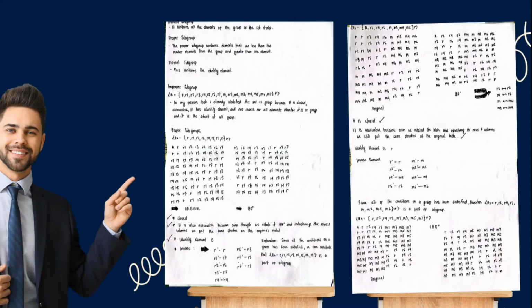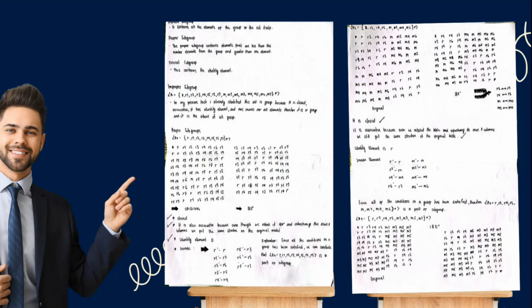In A3, we have R, R2, R4, R6, M2, M4, and M6. We construct it with the original table, and it is closed. In checking associativity, we rotate it 180 degrees. It is associative because even though we rotated it and interchanged its rows and columns, we still get the same structure as the original table.